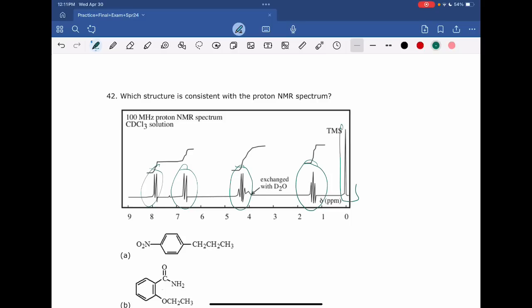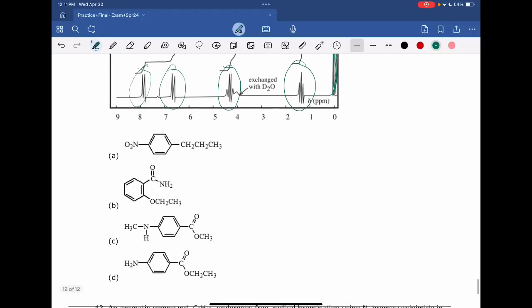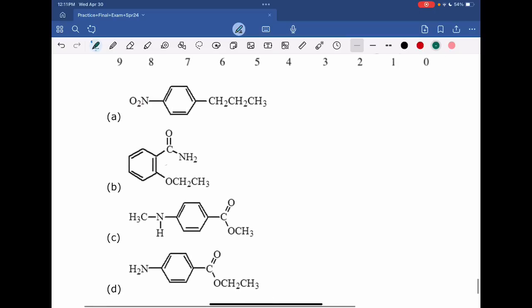This peak doesn't count because it's the reference peak of tetramethylsilane. It's just something that they use to serve up as a reference peak. So we ignore that. Let's look at these molecules. Which one has 4 distinct H's?